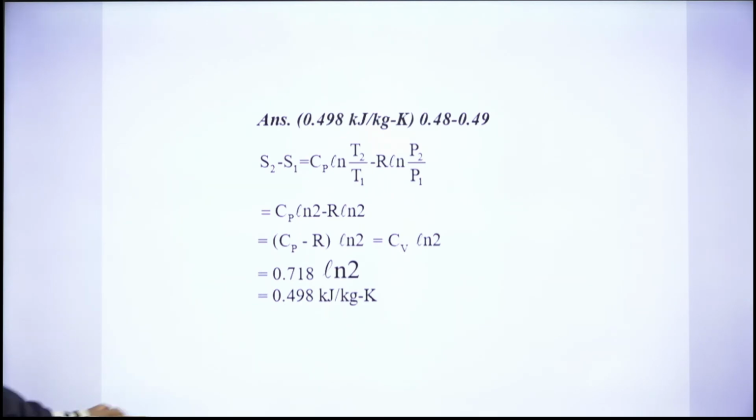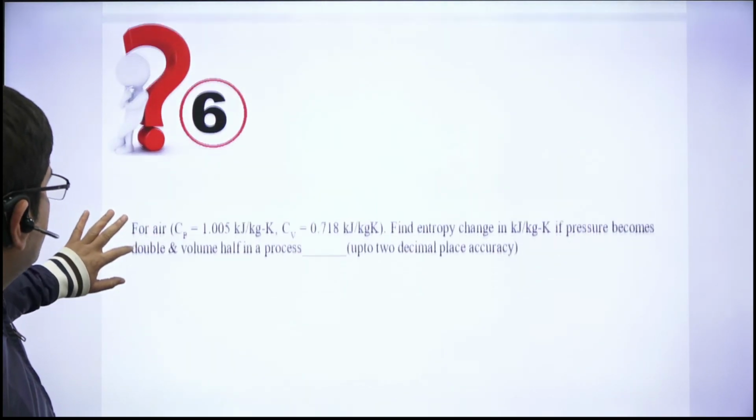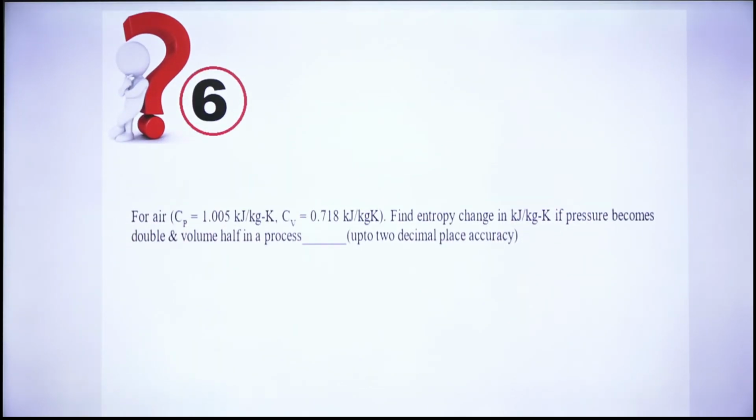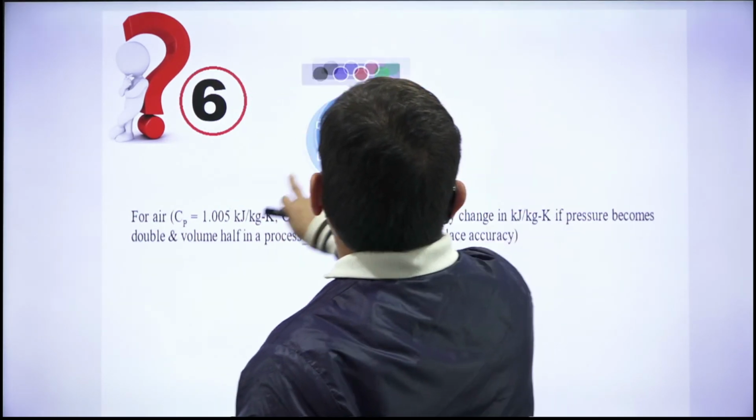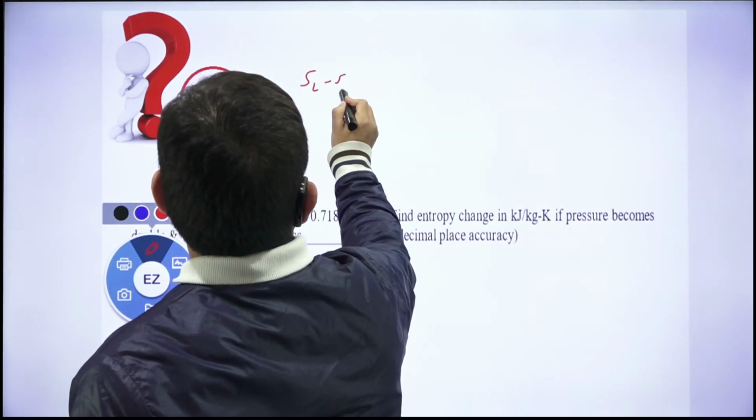Fine. Okay, let us go for the next question now. There is air for which Cp, Cv is given. Now if pressure becomes double and volume becomes half, then what is the entropy change? In this I am going to use the third equation of entropy change which I gave you for S2 minus S1.